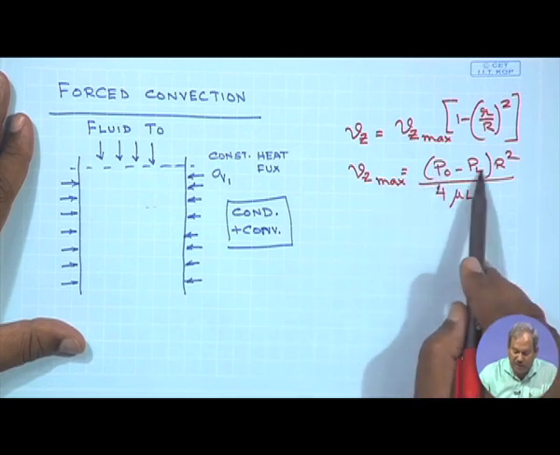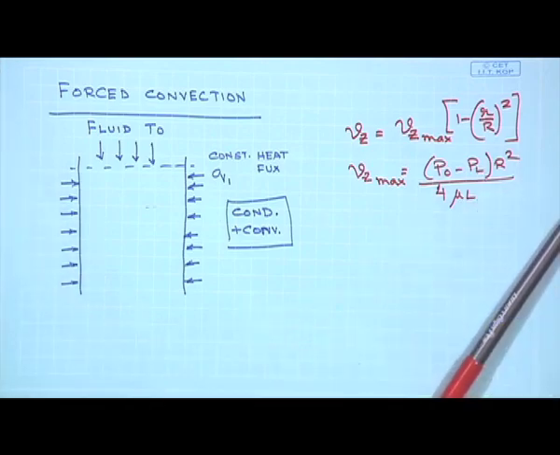So, P0 minus PL is the total effect of the body force and surface force. I would advise you to go back to the beginning of this course and see the derivation of the Hagen-Poiseuille equation, or flow through a pipe in the presence of a pressure gradient, when the effect of the body force is important.